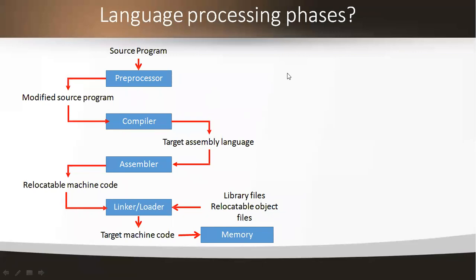Those all come under the closely working tools of the compilers, and these are the four phases of the language processing system. The four most important phases are preprocessor, compiler, assembler, linker or loader. In this way, we can describe how processing is carried out in the language processing system.